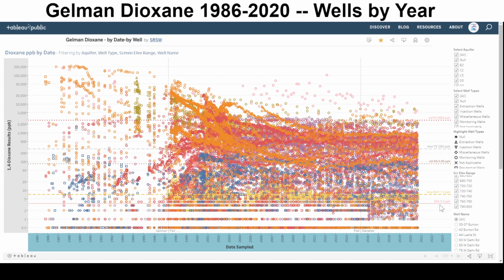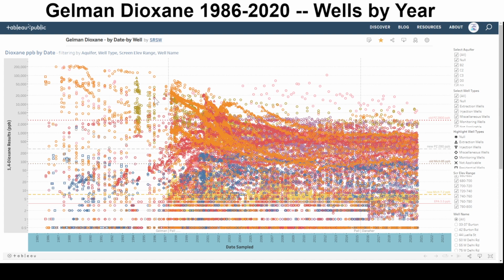And finally, what if it was an EPA standard using 1 in 100,000 over a 70-year lifetime exposure, it would be 3.5 parts per billion. Keep in mind that other states have 1 or 0.35 parts per billion, even lower levels here. So we're trying to get it down below the 7.2 at least.